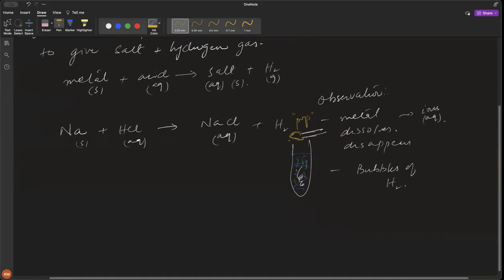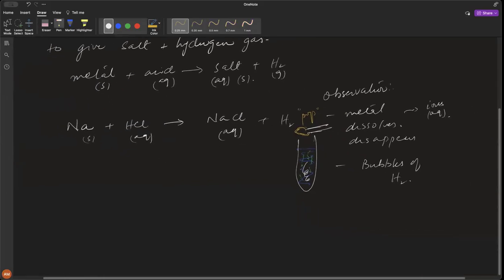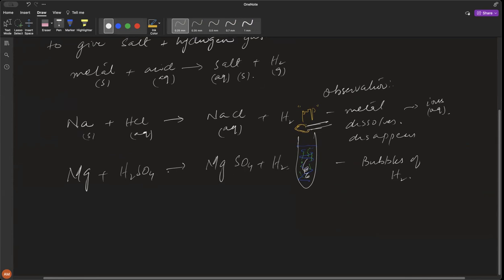What you might observe over here is, let's say magnesium reacts with sulfuric acid, it is going to give you magnesium sulfate plus H2, right? It is always easy to make formulas for ionic compounds.